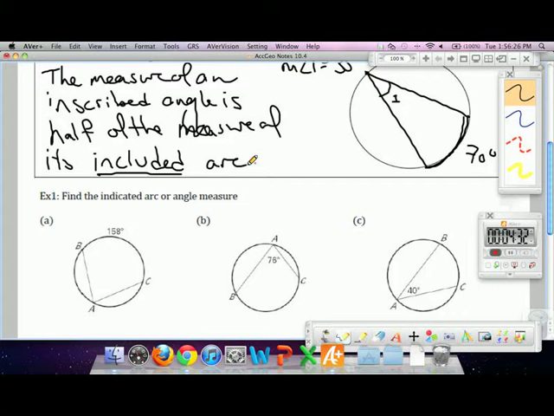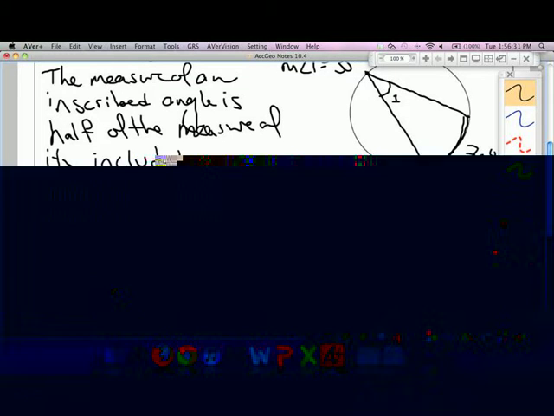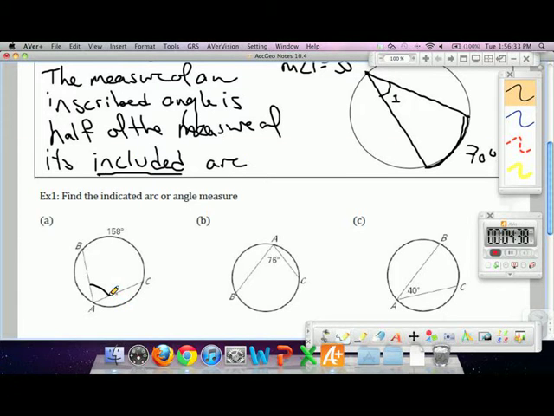So let's find the measure of angle BAC, and find the measure of arc BC as well for each of those.